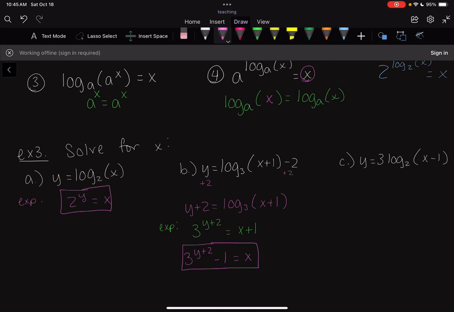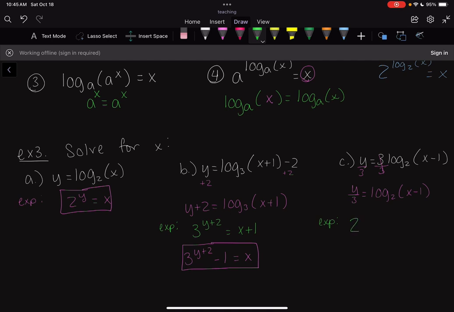My last one, again, I don't have the log completely by itself, and I want to get that first. So first I'm going to divide both sides by 3. So now I have y over 3 equals log base 2 of x minus 1. Now I can move into an exponential.